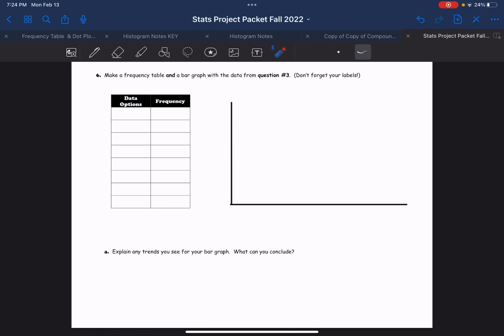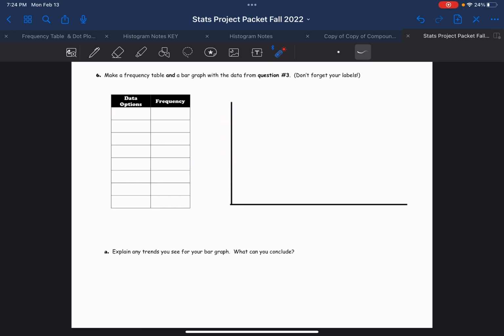Now, you're going to be labeling your numbers here. So if you need to label by 2s, 2, 4, 6, 8, 10, or you need to go 5, 10, 15, 20, 25, 30, 35, however it is that you need to do it, make sure that they're even intervals, okay? I don't want to see 1, 7, 14, 30, 45, right?